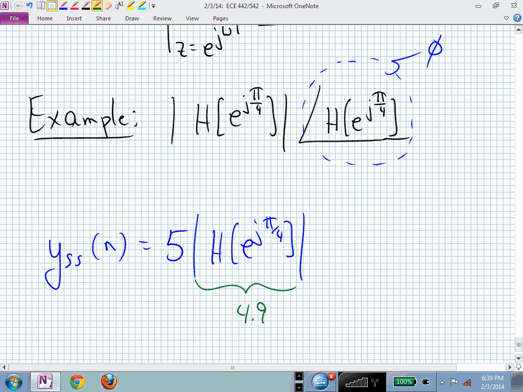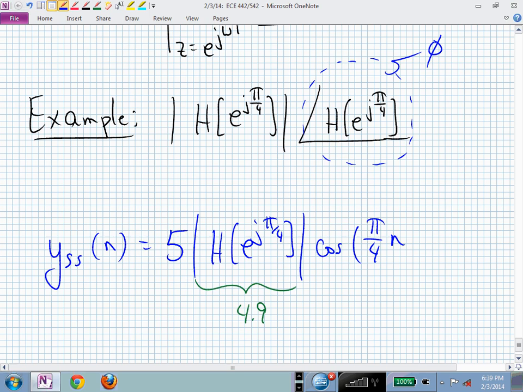Then we have the cosine. If I'm shaking a linear system at theta sub d n, after the transients have died out, that's what this sinusoidal steady state means.